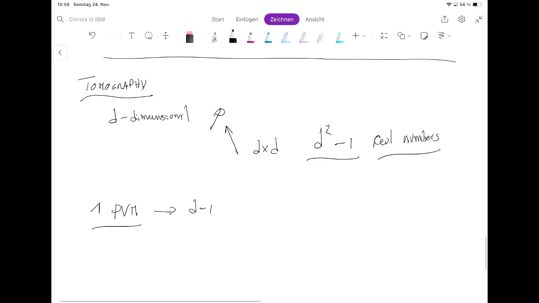So since we need d squared minus 1 and we can fix d minus 1 for each PVM, this means that we need d plus 1 independent experiments, independent choices of the PVM, in order to fix the d squared minus 1 parameters. Okay?